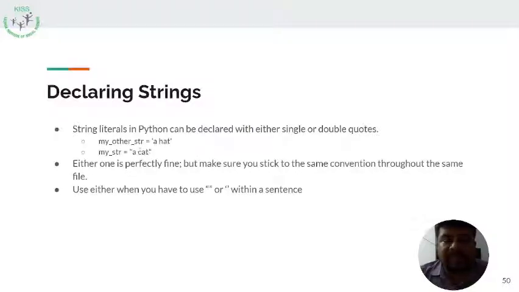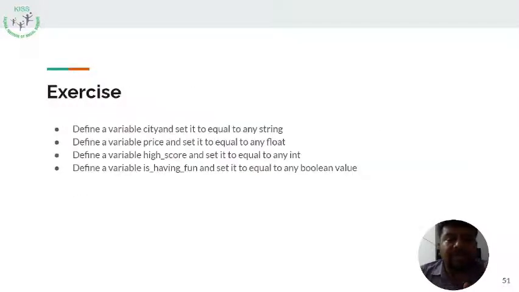Both of them are valid. For example, my_other_str is 'a hat', which is a valid Python string using single quotes, whereas my_str is a valid Python string with double quotes around it. So make sure you use either double quotes or single quotes, and don't mix both of them up.